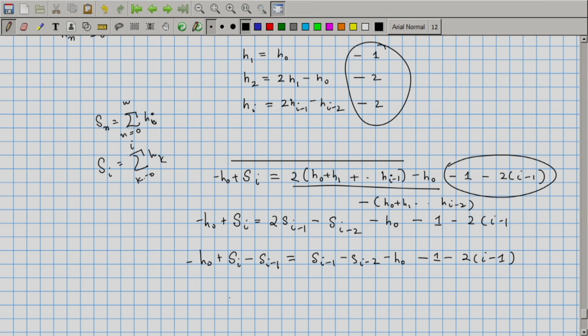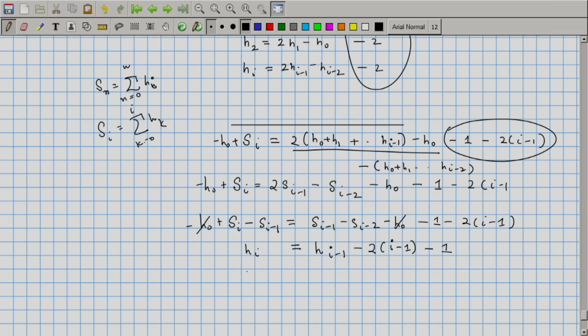So, S I minus S I minus 1 is going to be h I. So, this is h I, these terms cancel, is equal to h I minus 1, sum to I minus 1 minus sum to I minus 2 is h I minus 1 minus 2 times I minus 1 minus 1. Okay. So, h I plus 1 can be written as h I minus 2 I minus 1. Okay. So, this is the expression that we will use.